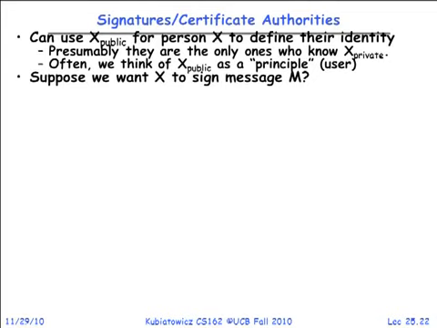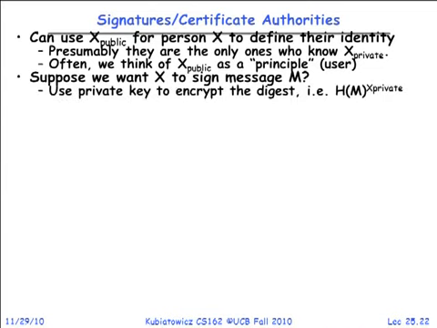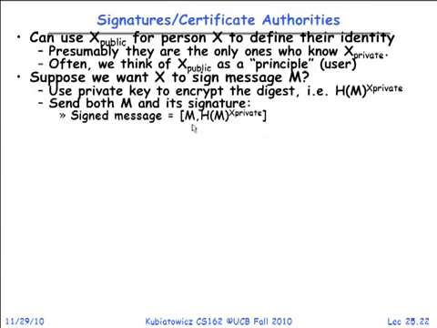That's a standard paper version. How can we do this electronically? What we do is use the private key to encrypt the digest. We take the hash of the message, encrypt it with X private, and then send both together: the message in clear text and the hash of the message encrypted with X private. Why does this act as a signed document? Yes?